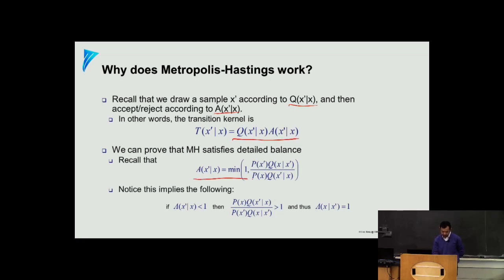Remember this is not a continuous function; it's piecewise. You have this part and also this part, and it's also interesting that if A is smaller than 1, you actually could.